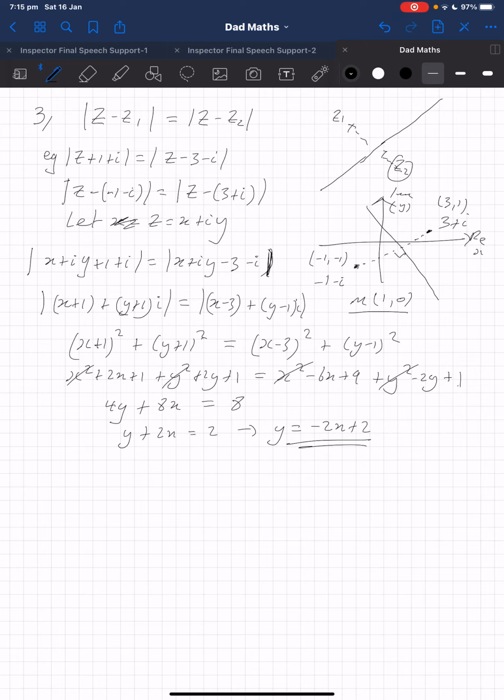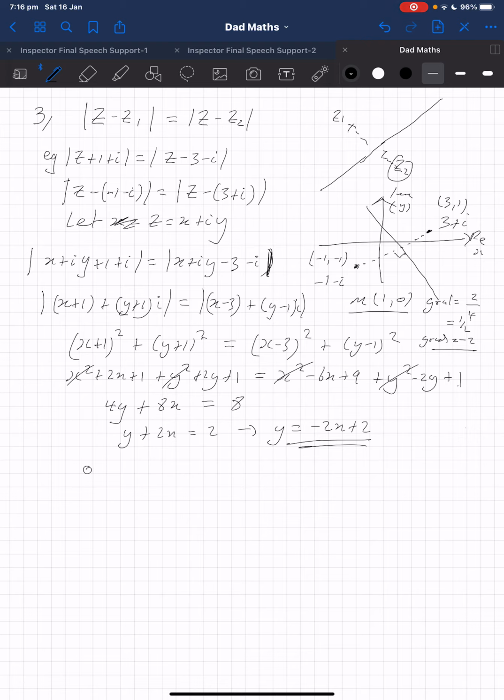The gradient of the line joining (minus 1, minus 1) to (3, 1) is equal to the difference in the y coordinates, which is 2, over the difference in the x coordinates, which is 4. So the gradient is equal to 1/2, and the gradient of the perpendicular is equal to minus 2.